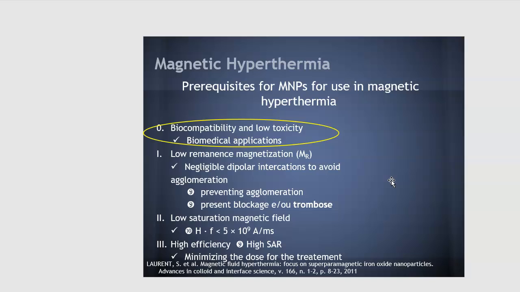So if we talk about the necessary conditions for a magnetic nanoparticle to be used in hyperthermia application, first one, I should say that the nanoparticle should be biocompatible and have low toxicity.